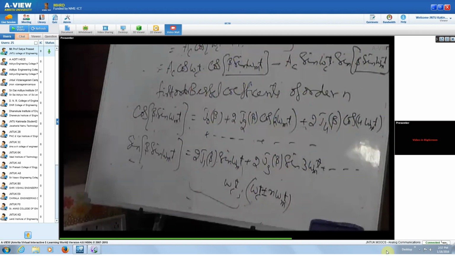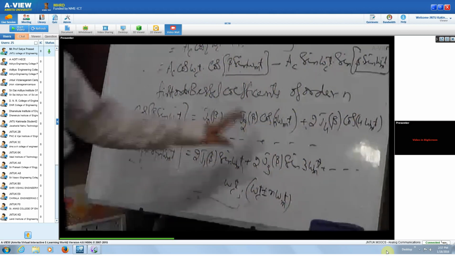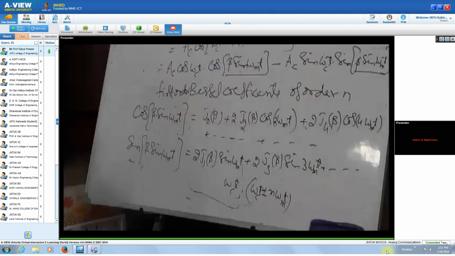So we have infinite frequencies. Maybe the amplitudes are different, J0, J1, J2, J3. The amplitudes go down, no doubt, but we have infinite sideband frequencies. Therefore, theoretically, an FM signal requires infinite bandwidth.